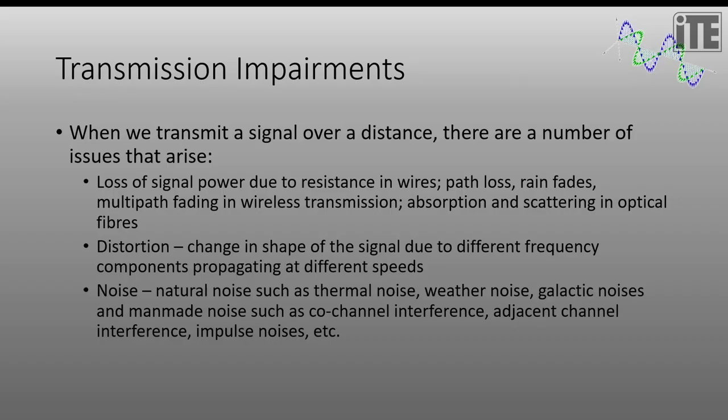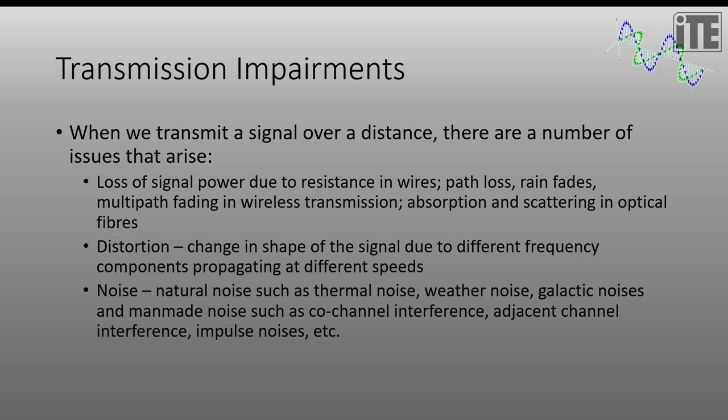When we transmit signals over channels like we looked at in the first video, there are a number of issues that arise, impairments if you like. The first one of these is loss of signal power.